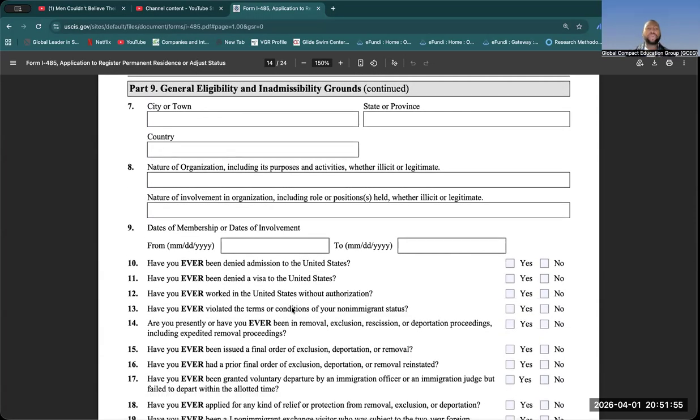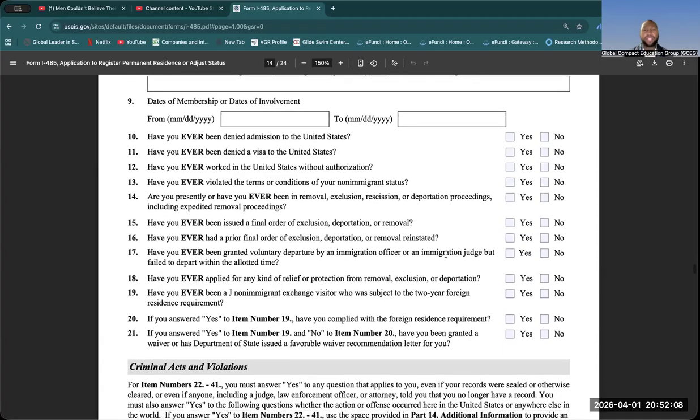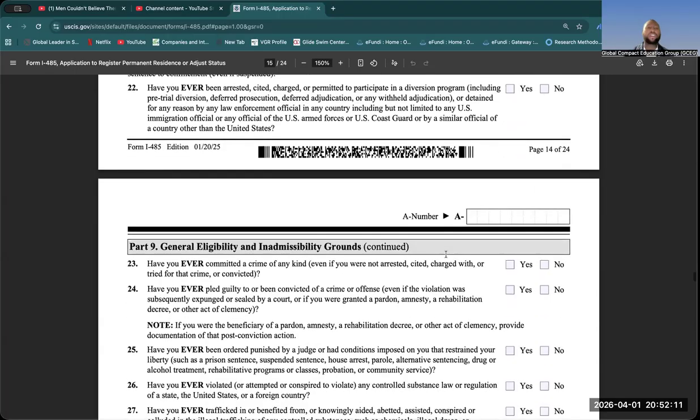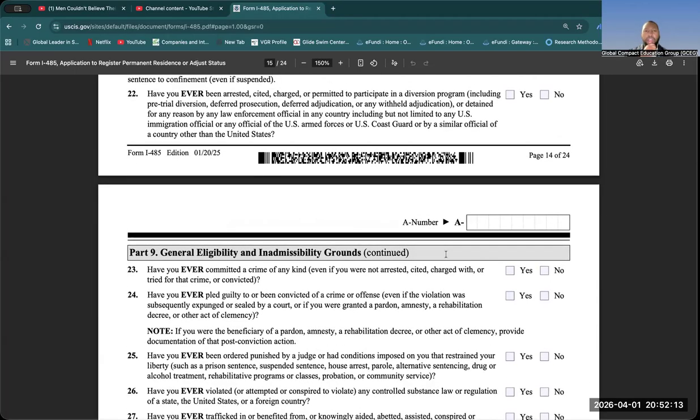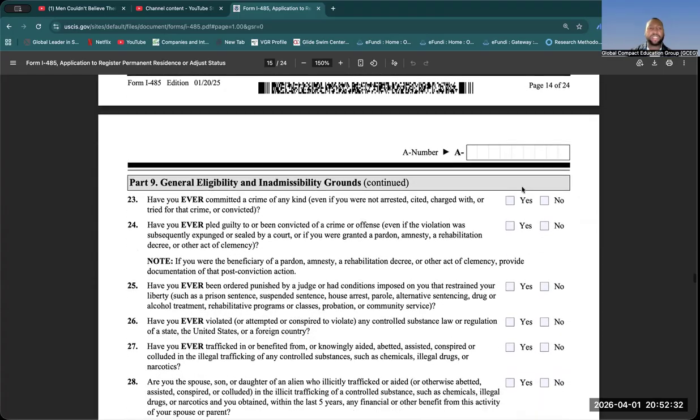You need to answer all these questions. Have you ever been denied admission into the United States? Most answers are no's here. Then criminal violations, you need to complete that. Have you ever been arrested, cited, charged, or permitted to participate in a diversion program, including pre-trial diversion, deferred prosecution, whatever? These are no's in most cases.